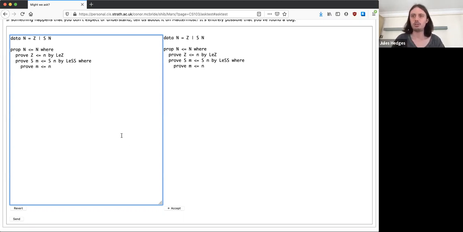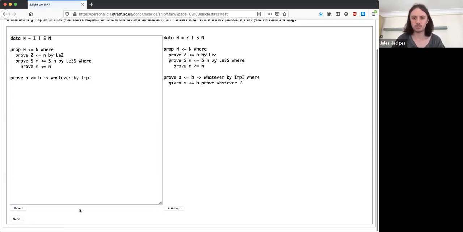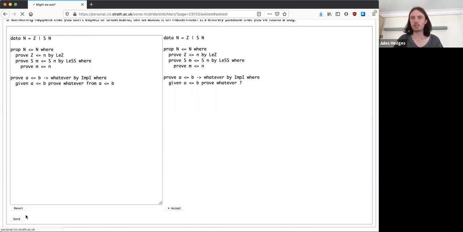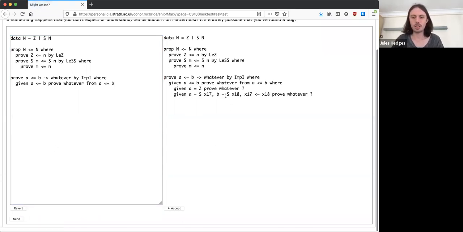So let me show you. If I say prove that A is less than or equal to B implies whatever, I say by I, and then I say from A is less than or equal to B. Now Ask will generate two subgoals, and these correspond to the two different ways in which our given A less than or equal to B could have been proven.